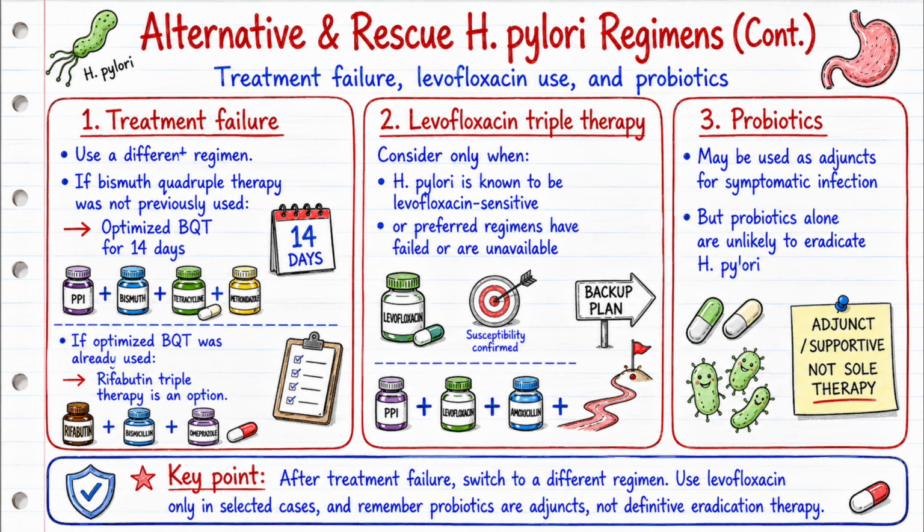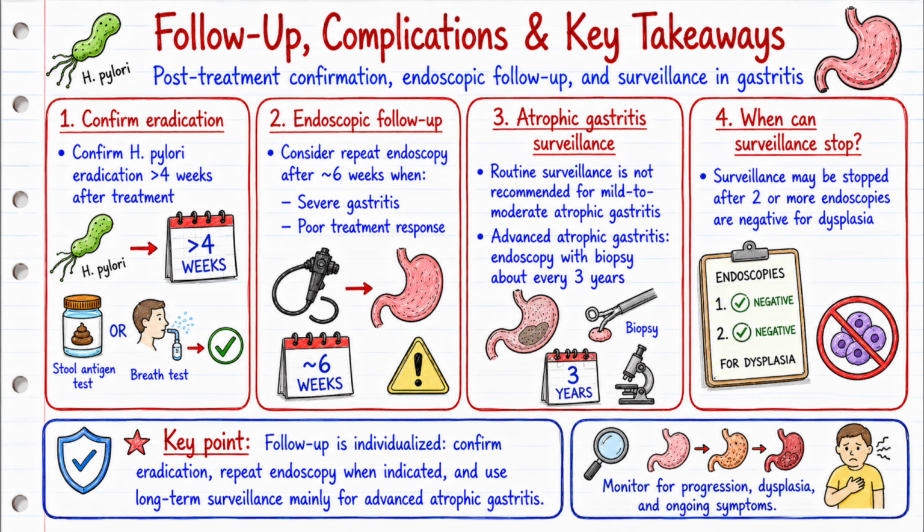Levofloxacin-based therapy should be reserved for selected cases, ideally when susceptibility has been demonstrated, because resistance can significantly reduce its effectiveness. Probiotics may sometimes be used as adjunctive therapy to reduce gastrointestinal adverse effects, but they should not replace antibiotic eradication therapy because probiotics alone do not reliably eradicate H. pylori.